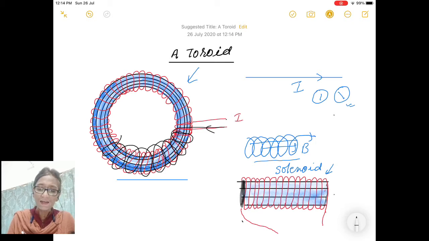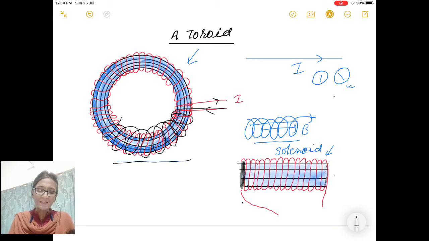Current is getting in and finally the current is getting out, and the shape is similar to a handball. If you compare the shape of this toroid with a handball.